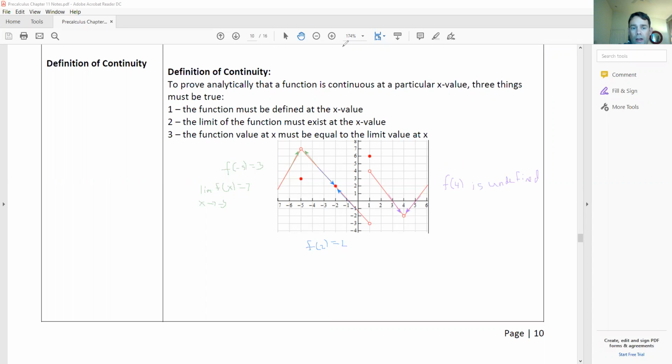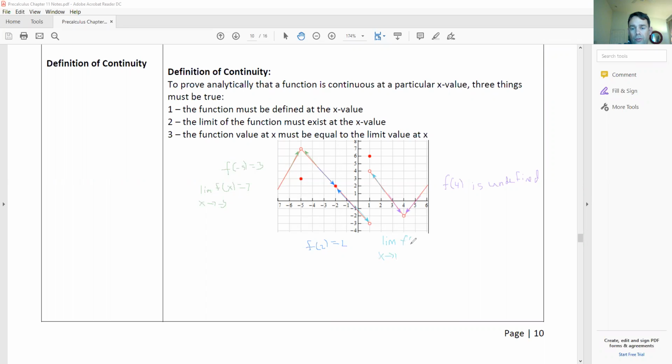If you look at this last example here, how about at x equals 1? We have an f of 1, but notice this one, the limit doesn't exist. So therefore, on that one, it wouldn't be continuous because the limit as x approaches 1 does not exist.